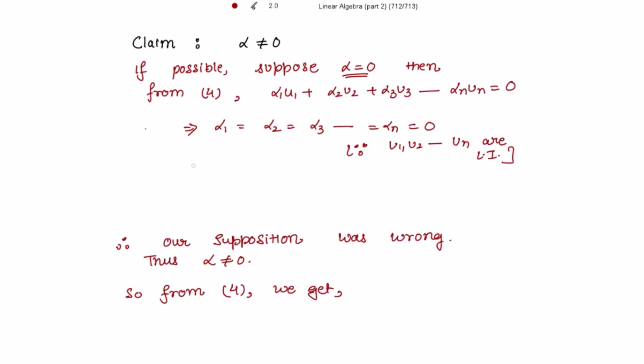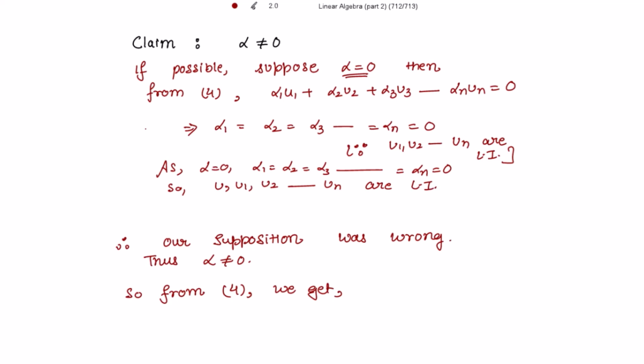Okay. So this implies, because alpha is 0, alpha 1, alpha 2, alpha 3, all the scalars are 0. What does this mean? This means u1, u2 up to un are linearly independent.